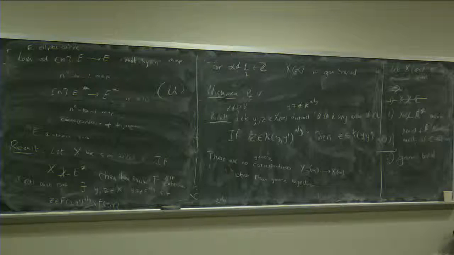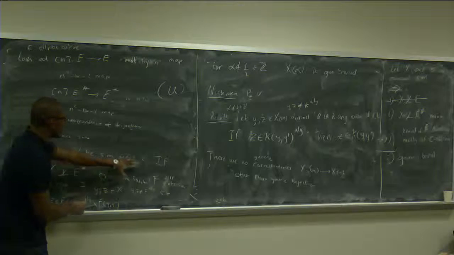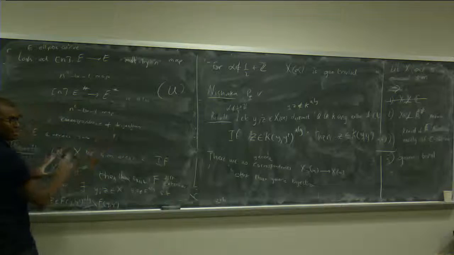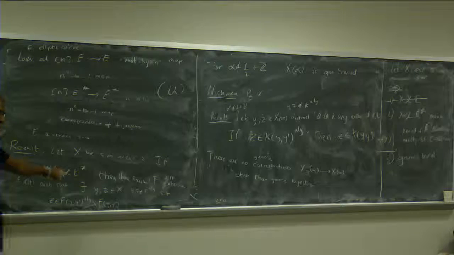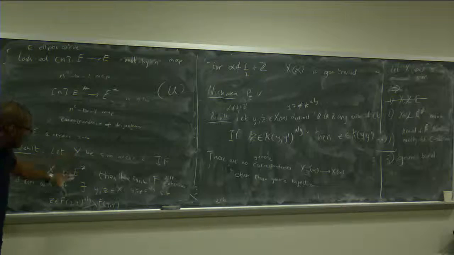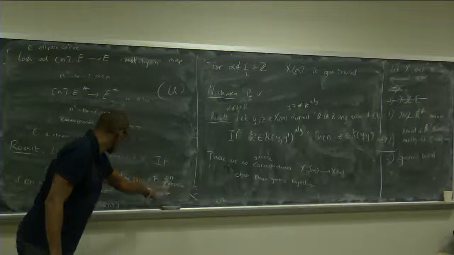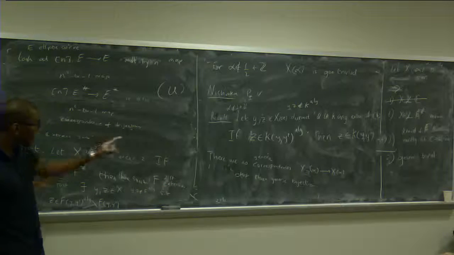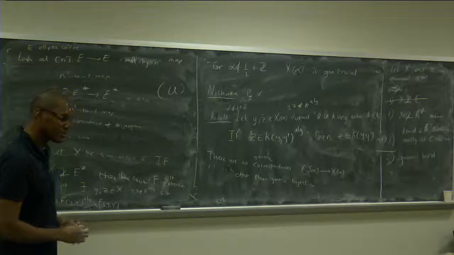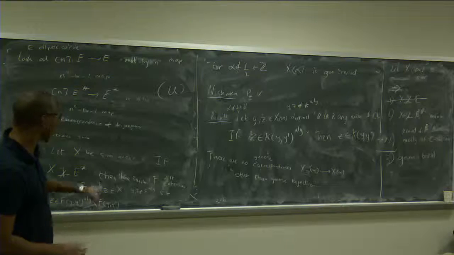But aren't you saying the result? Oh, the result. So let X be a strongly minimal set of order 2, and assume it's non-orthogonal to E sharp. Then you will find F, a differential extension. It's trying to force it geometrically. But aren't you trying to eliminate 2? Yes, so that eliminates 2.